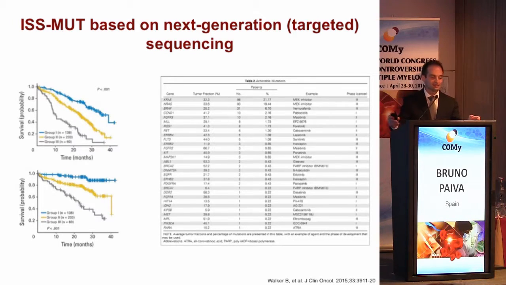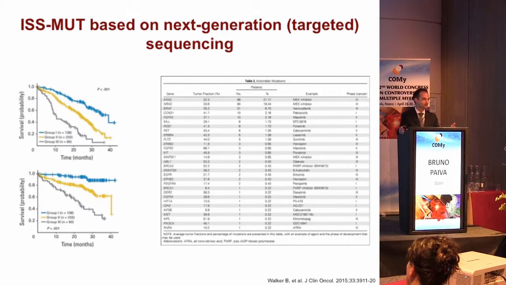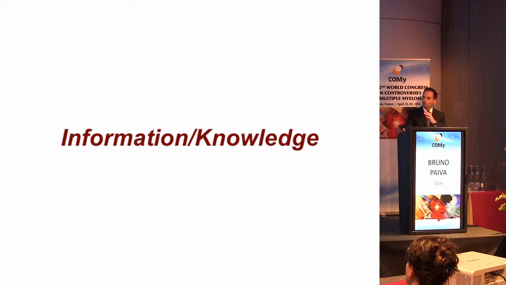And I would also say that even though this does not seem to improve ISS risk stratification, and even though there are only a few mutations that might be targetable, and we still don't know yet the clinical benefit of targeting those mutations, nowadays we wouldn't want to know the mutation profile of a newly diagnosed patient. Why? Because it's information, because it's knowledge.